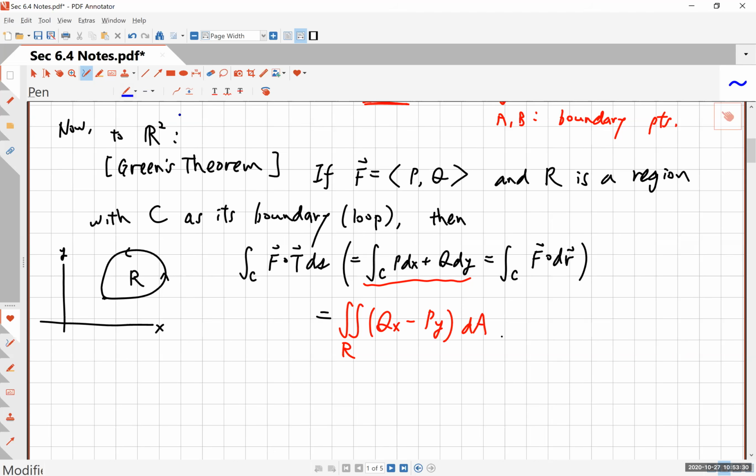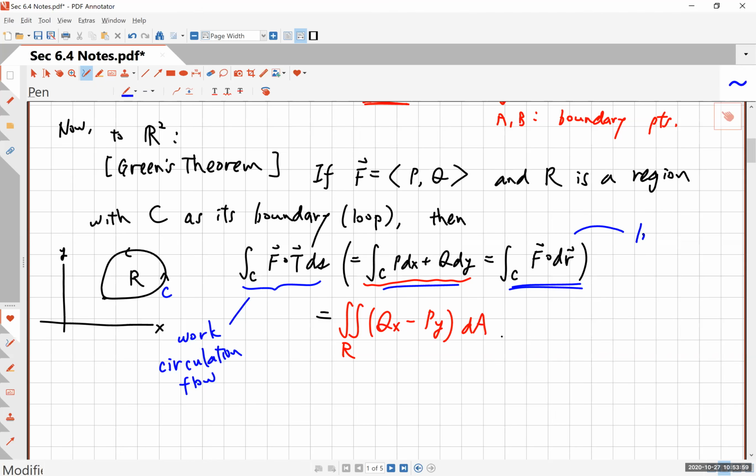So let me add a few comments before we go any further. First of all, these are all called work integrals. In this case, because C is a loop, we can call this a circulation integral or flow integral. They all mean the same thing. Basically, it's the F·dr integral. And remember, this is a line integral.